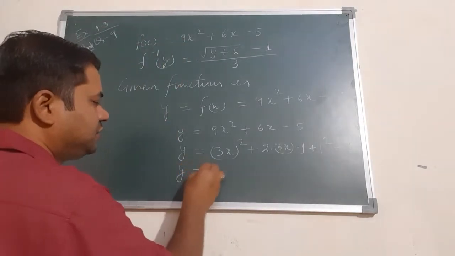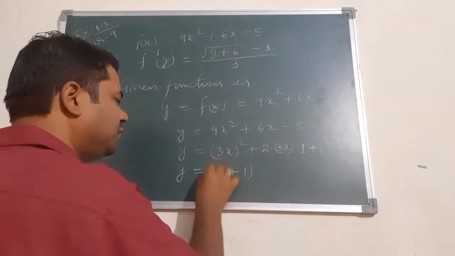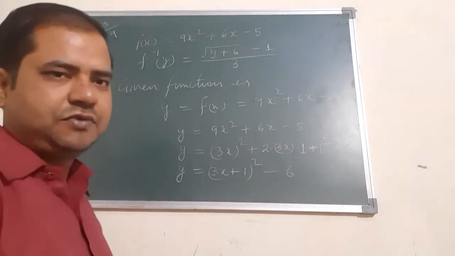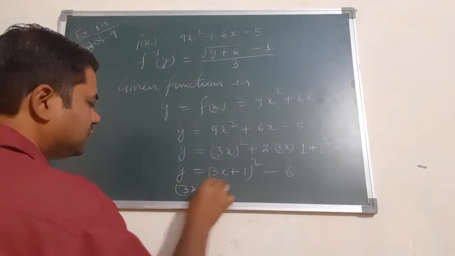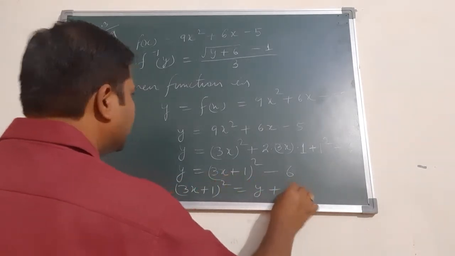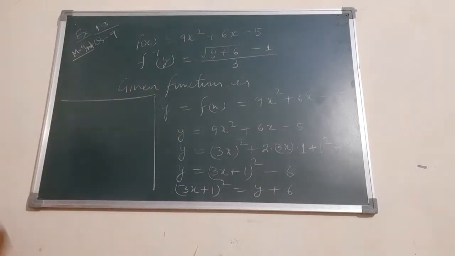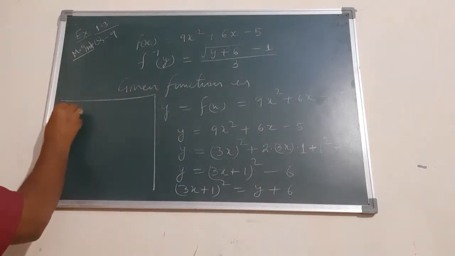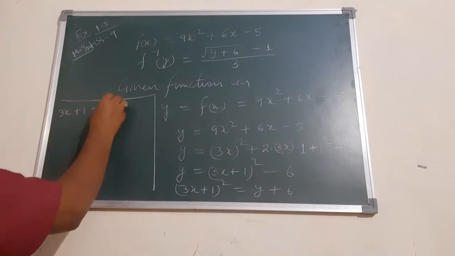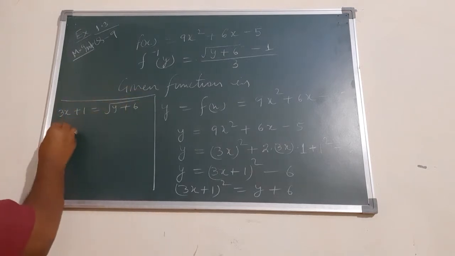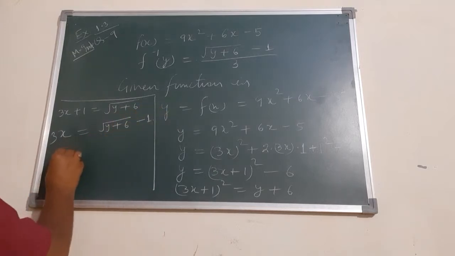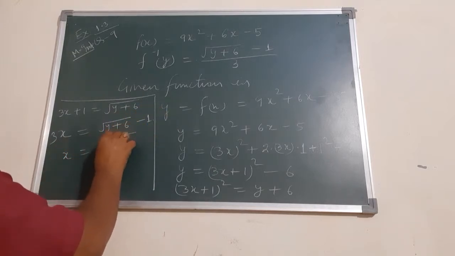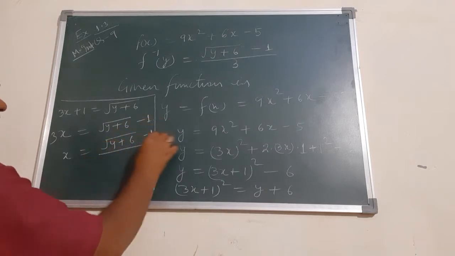So y is equal to (3x plus 1) whole square minus 6. So (3x plus 1) whole square is y plus 6, 3x plus 1 is root of y plus 6, and 3x is root of y plus 6 minus 1. So x is nothing but root of y plus 6 minus 1, divided by 3.